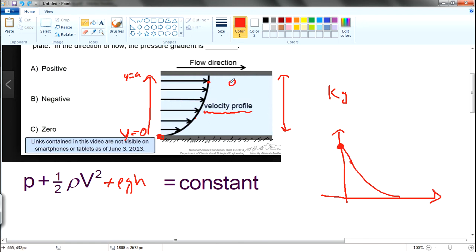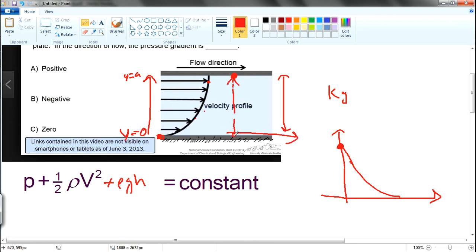So if the pressure over here is very high, then slowly the rest becomes lower and lower. Imagine this is the pressure graph.